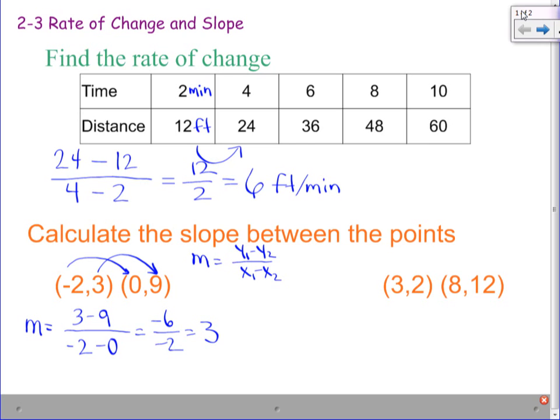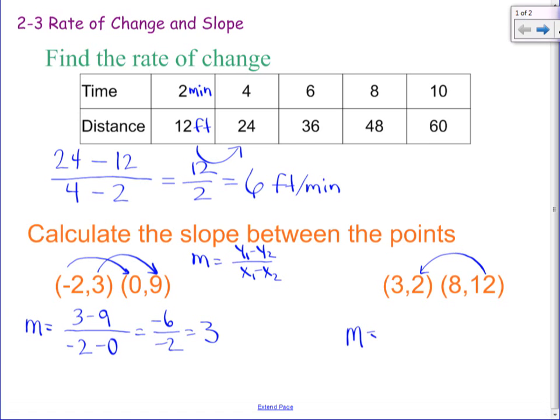This one, let's just say we subtract this direction. So our slope is going to be 12 minus 2, 8 minus 3. We get 10 over 5. Now the slope isn't always going to end up being an integer. Sometimes it's going to be a fraction. Questions on that?